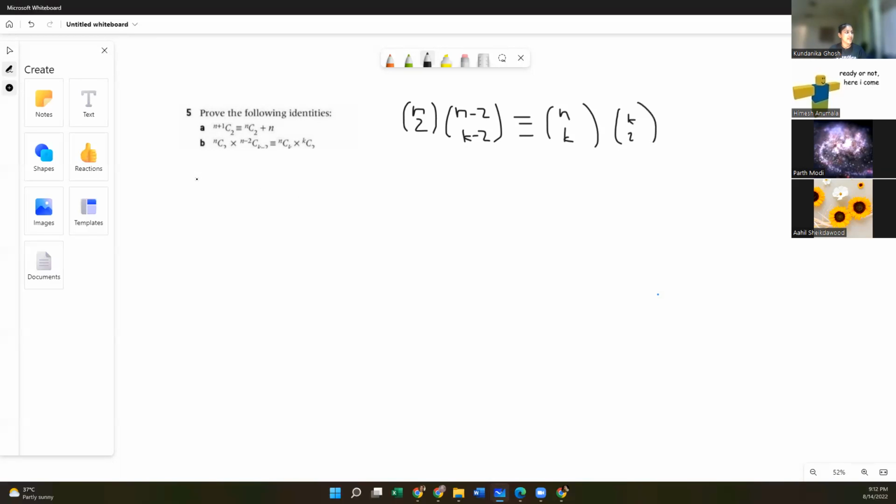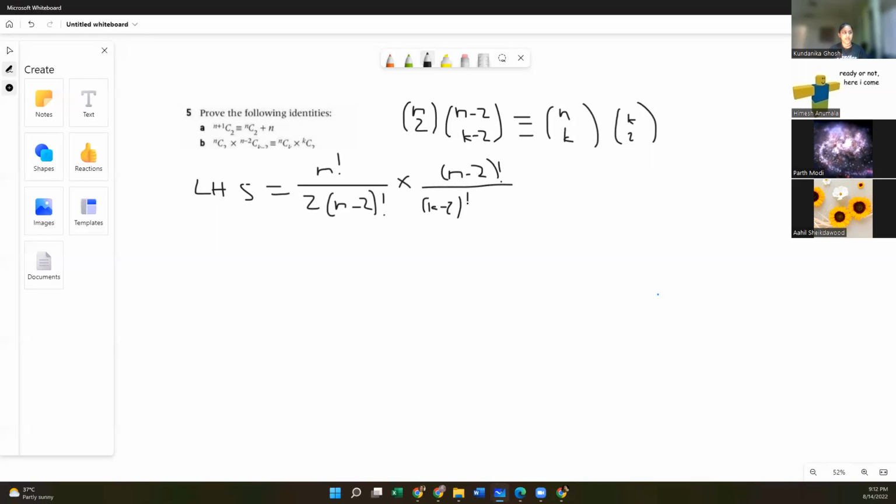I'm going to start out with my left-hand side and fully extend it. So I have n factorial over 2 times n minus 2 factorial, times n minus 2 factorial over k minus 2 factorial.